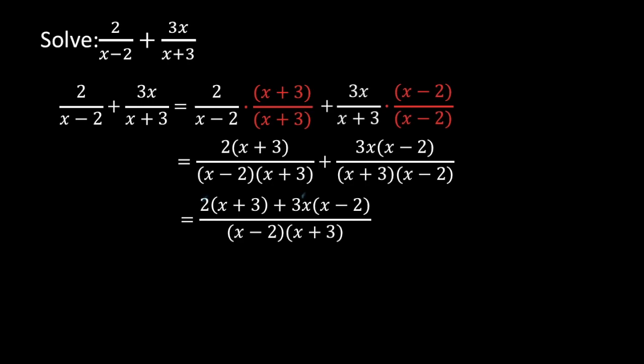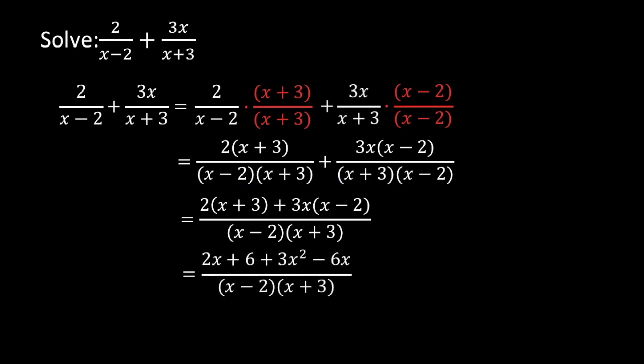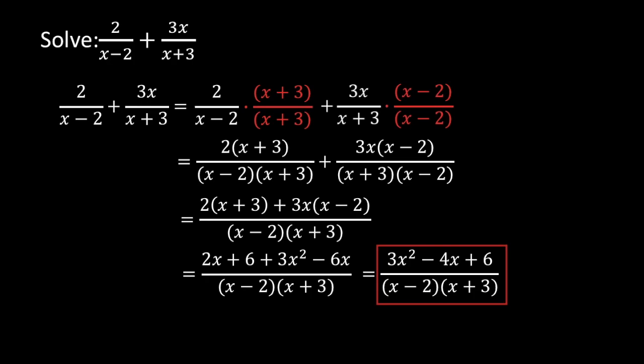Using distributive property to the numerator, we then have 2x plus 6 plus 3x squared minus 6x all over x minus 2 times x plus 3. In the numerator, we add 2x and negative 6x to get 3x squared minus 4x plus 6.